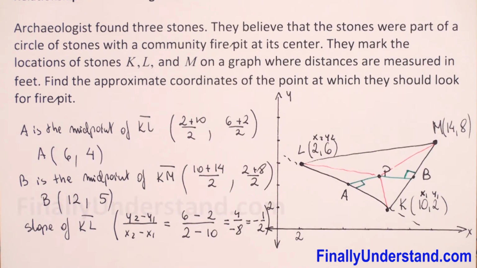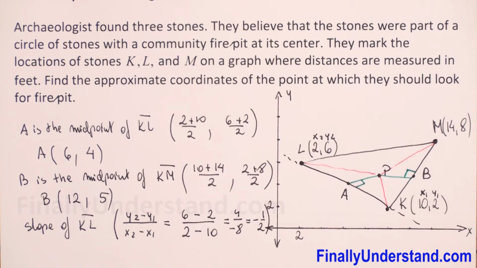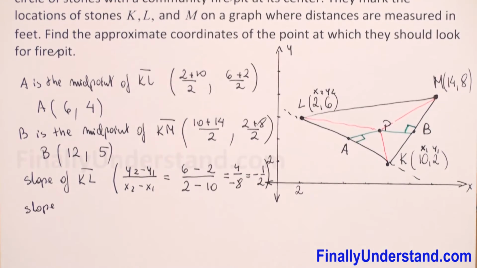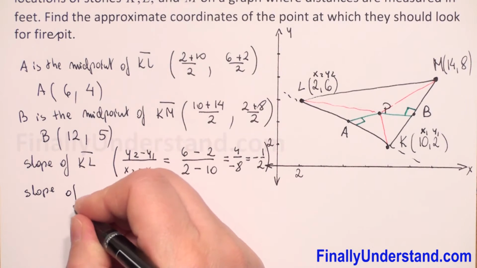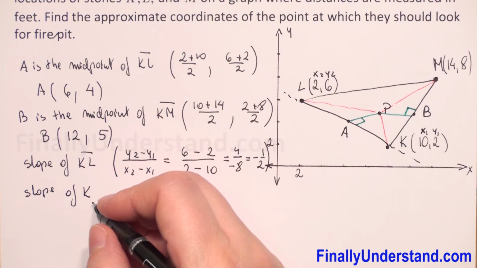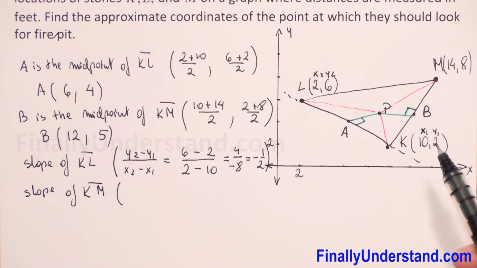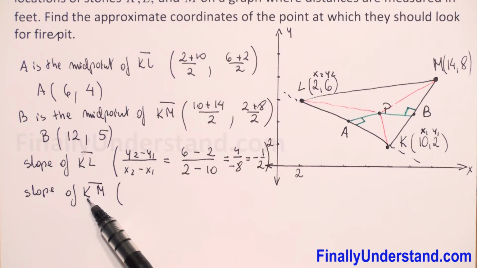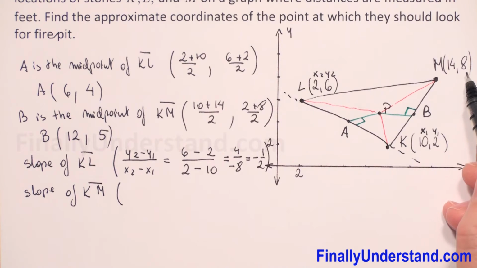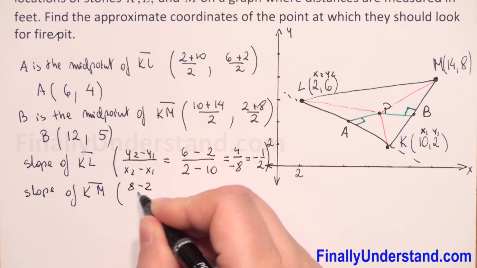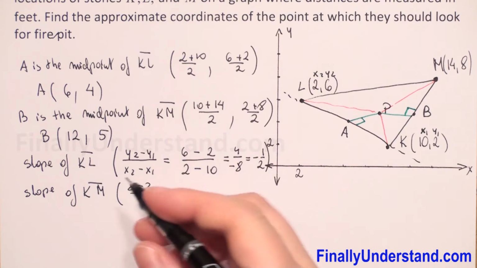Next we will find the slope of KM. So the last is M, first is K. So in the numerator we have to subtract y coordinates, 8 minus 2 over 14 minus 10.